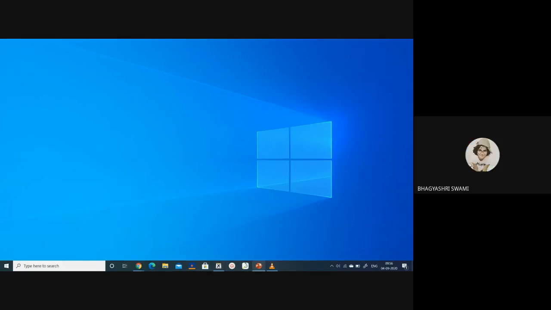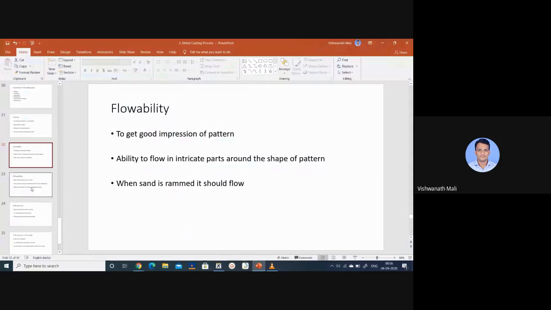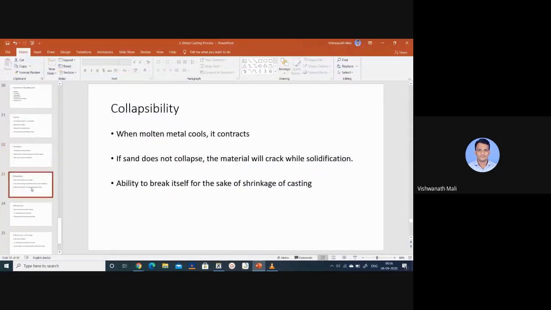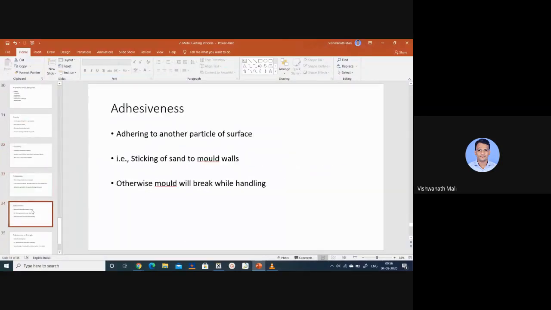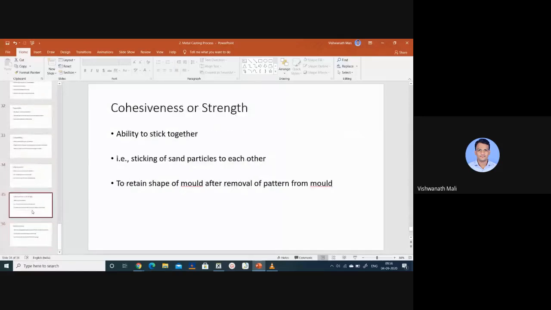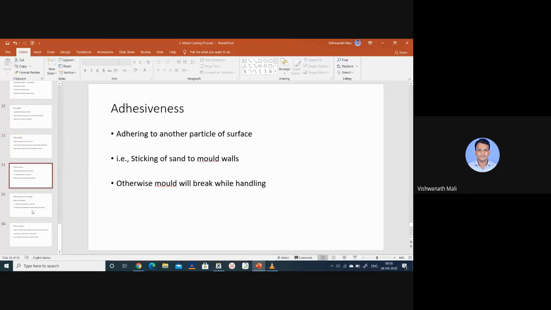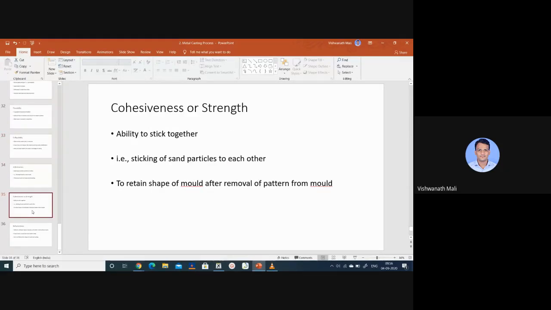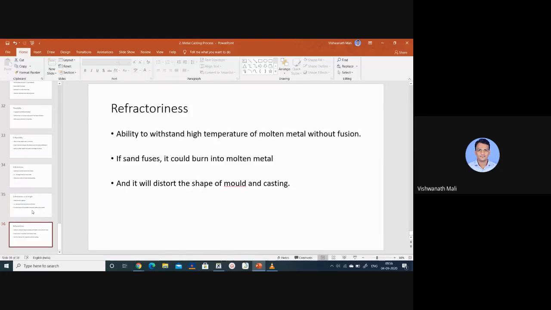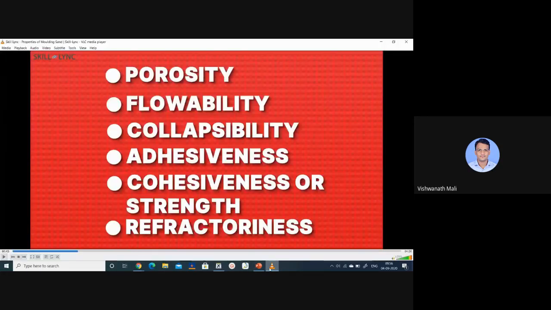Okay, sir. So it is 9:56. Again there are properties that we'll see in the next lecture: collapsibility, adhesiveness, cohesive strength, refractoriness. These are the properties.